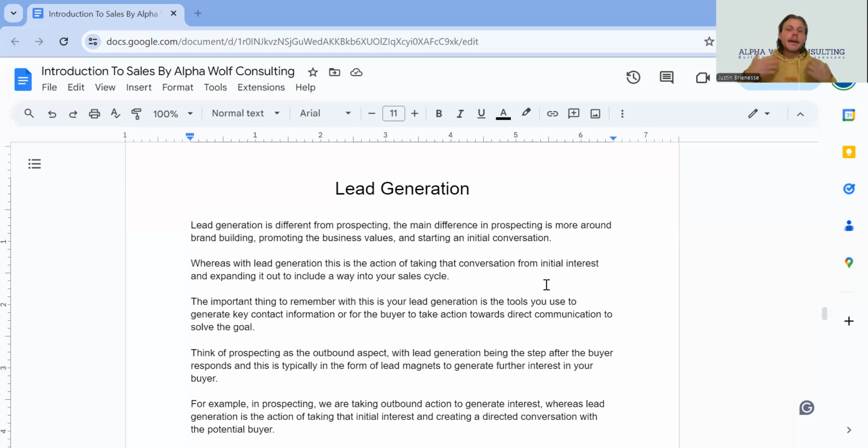So understand that lead generation is how we provide a massive amount of value at the front end of the sale to a potential customer that brings them and correlates to the stages or the process of the sale.